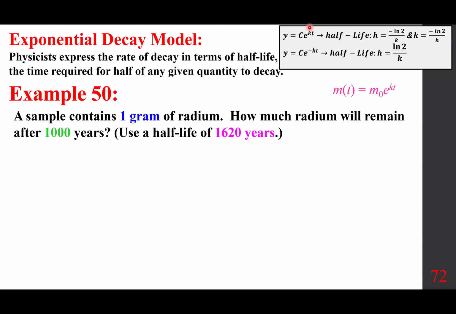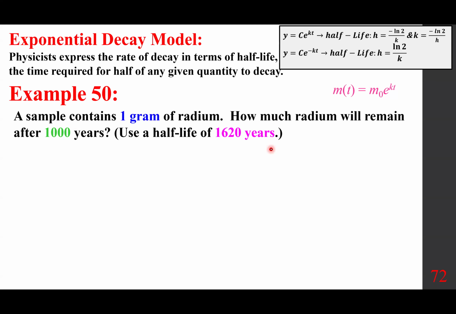And because it's the amount of material, we may use m of t equals m sub 0 e to the power of kt. The point being is really ultimately the same formula. So a sample contains 1 gram of radium. How much radium will remain after 1,000 years if we know the half-life is 1,620 years?